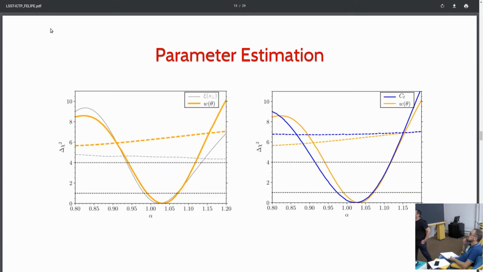And also, we check our results in harmonic space against those in configuration space. So it seems good, it seems reasonable. This line here is the standard 1 sigma standard deviation for a Gaussian likelihood, of course, and it seems very okay.